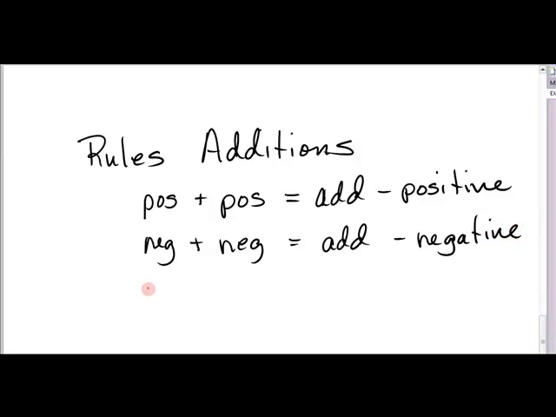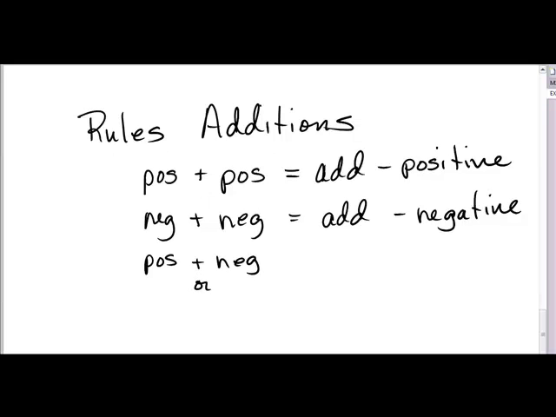But if you have a positive plus a negative, or a negative plus a positive, anytime you have different signs, you're going different directions. That means you're going to subtract the smaller number from the larger.